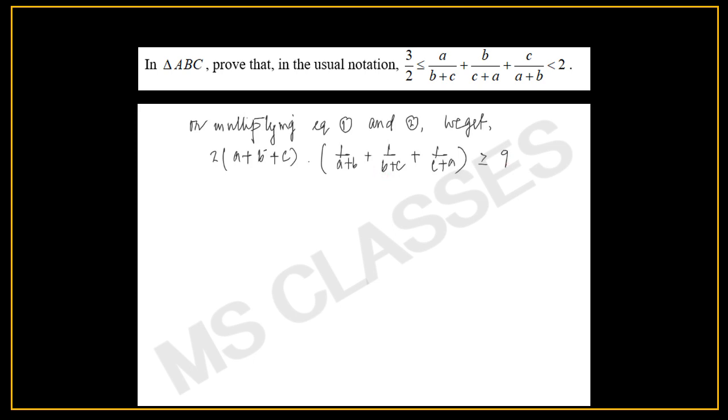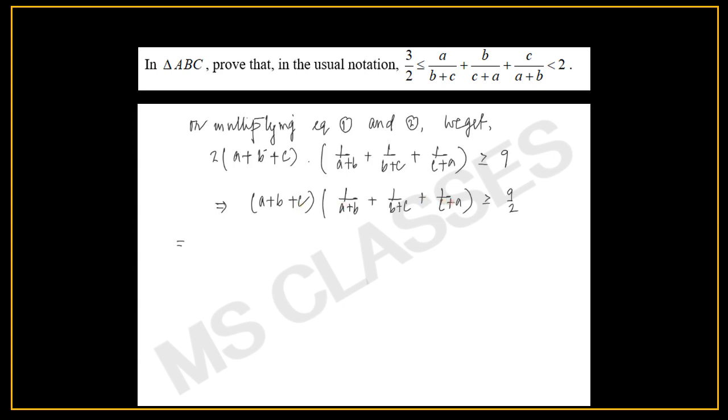Now we can simplify this one further, and we can write here a plus b plus c into 1 by a plus b plus 1 by b plus c plus 1 by c plus a greater than or equal to 9 by 2. Now we just take this factor and multiply with each of the terms.